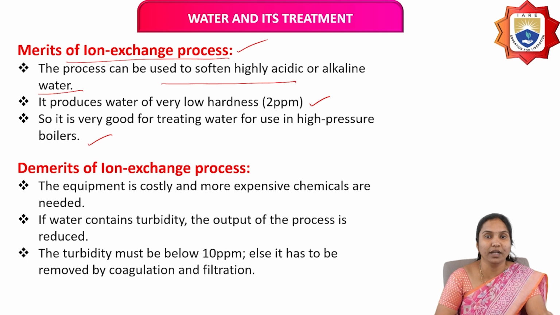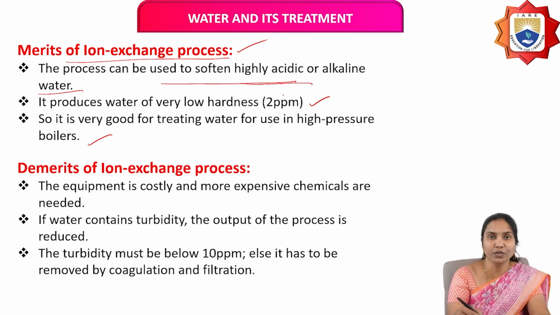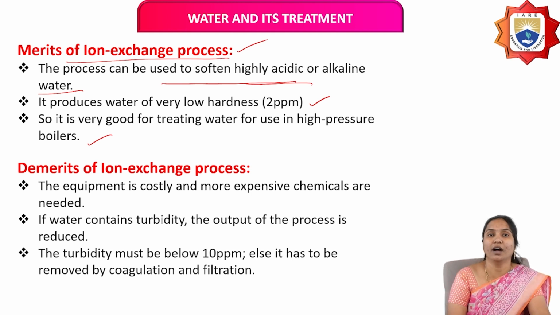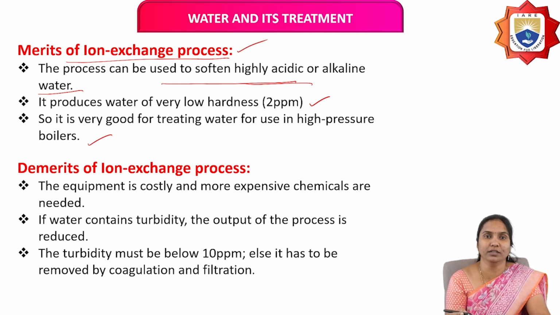It is used for highly acidic or alkaline water, and the resulting softened water has very low hardness, less than 2 ppm. This water is more suitable for high pressure boilers because it is completely free from hardness causing ions and minerals.